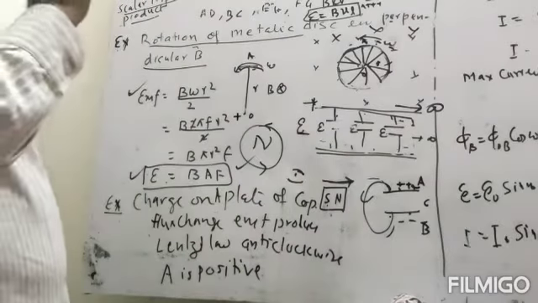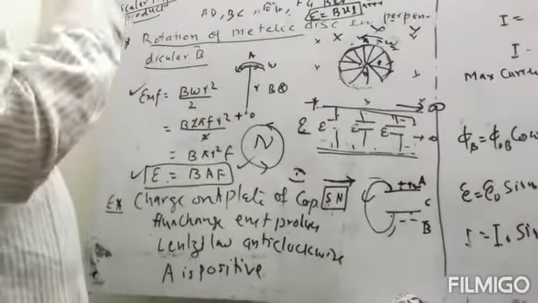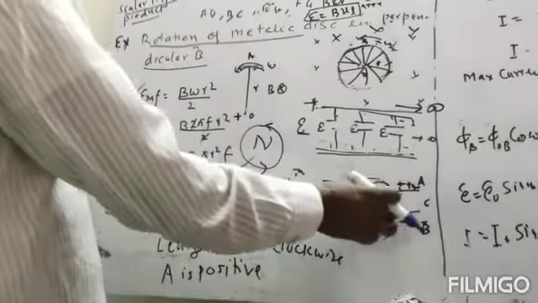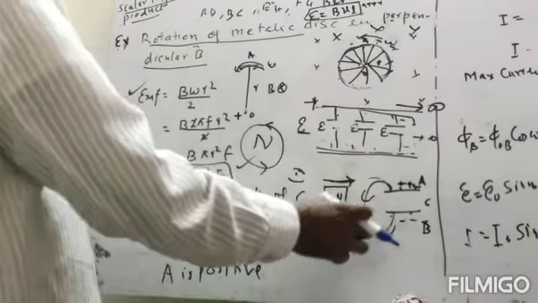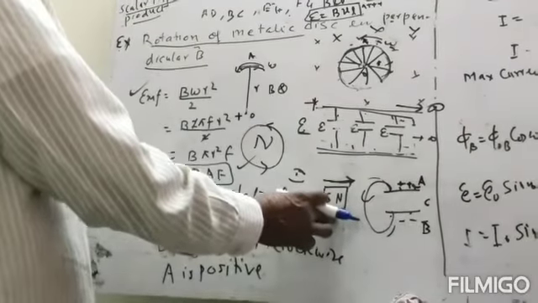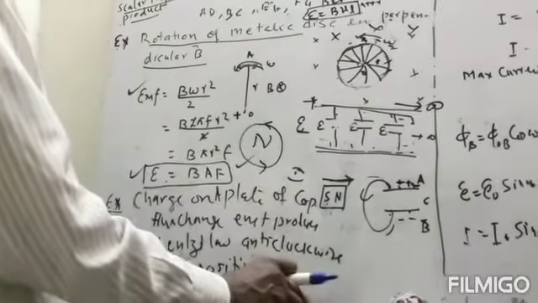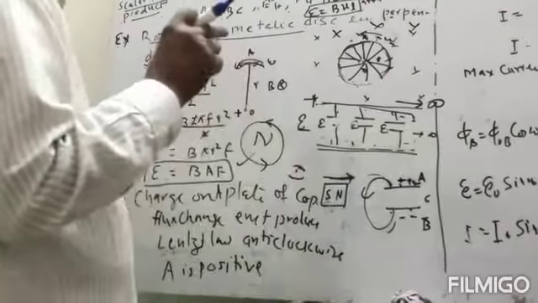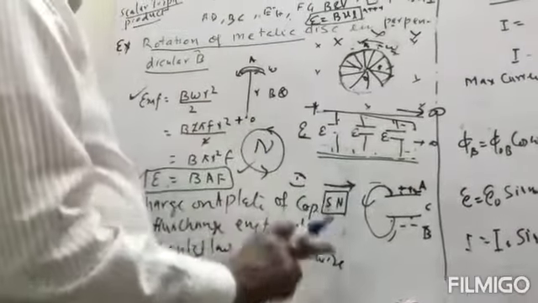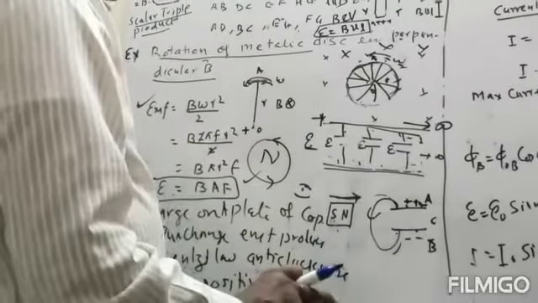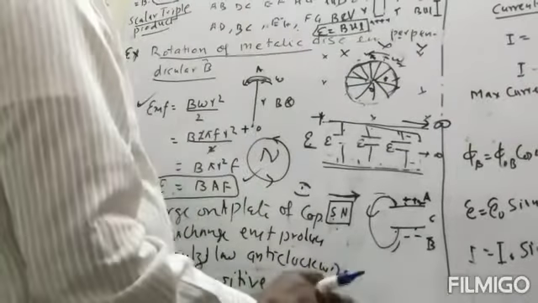So the question is, there is a capacitor connected by a wire, and we have a magnet, and the N pole is going towards it. Then due to the change of magnetic flux, an induced EMF will be produced and an induced current will flow.